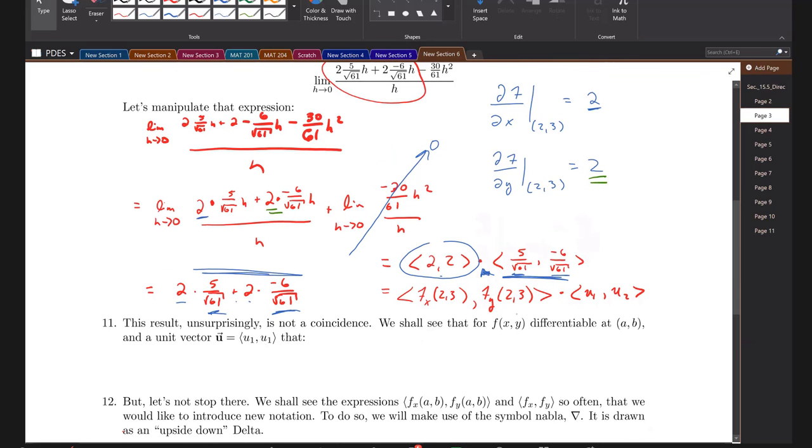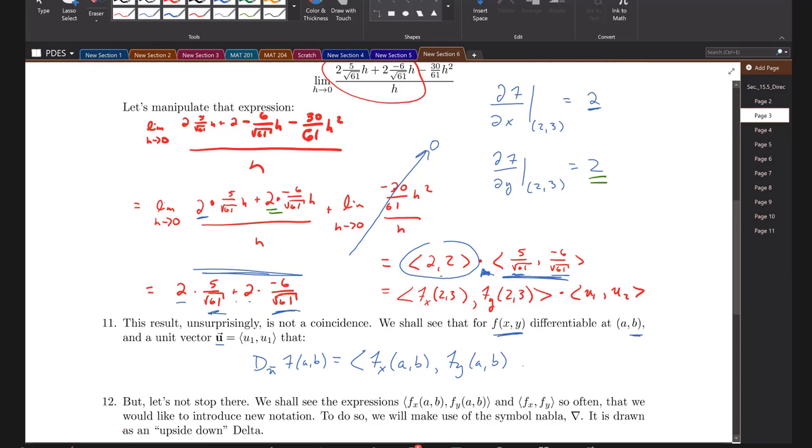But the idea is that if I give you a function f of x, y differentiable at (a, b), then the directional derivative in the direction of u, rather than doing the limit definition that we just did, we can find simply by computing f sub x of (a, b), comma, f sub y of (a, b).